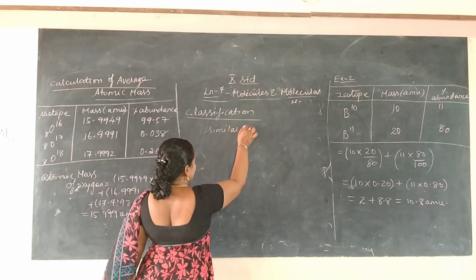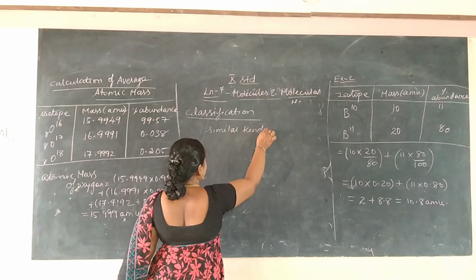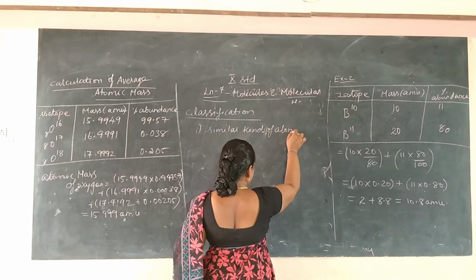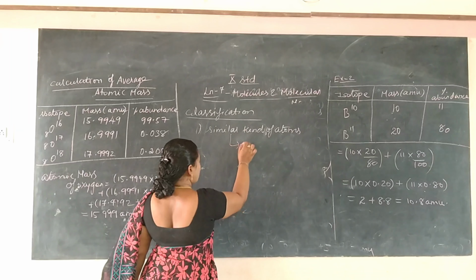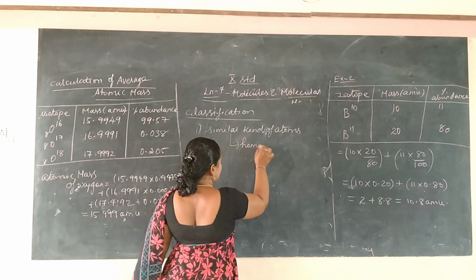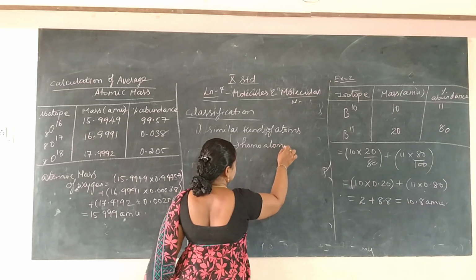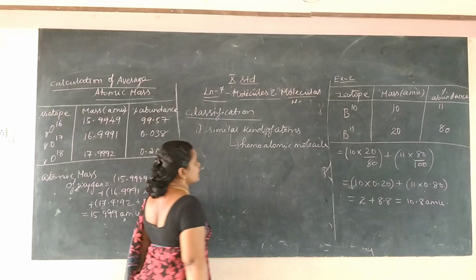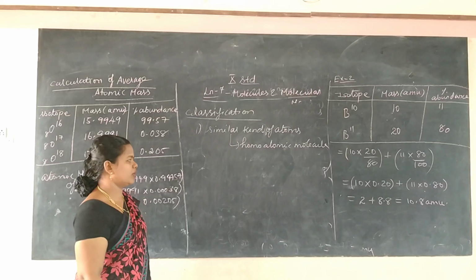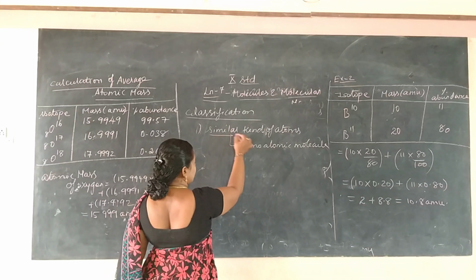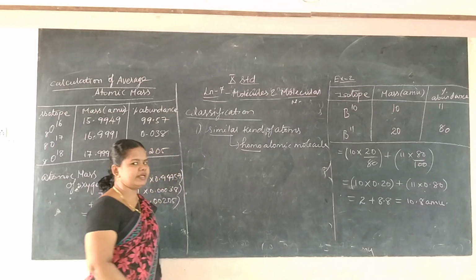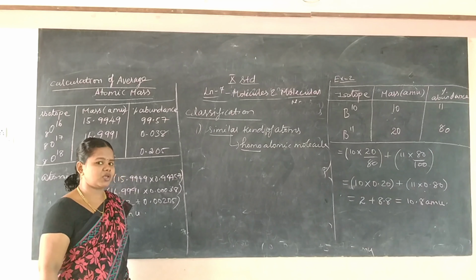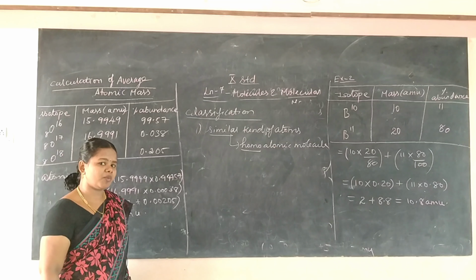If a molecule contains similar kind of atoms, then it is known as a homoatomic molecule. Homo means same or similar. When the same kind of atom is present in the molecule, it is known as a homoatomic molecule.